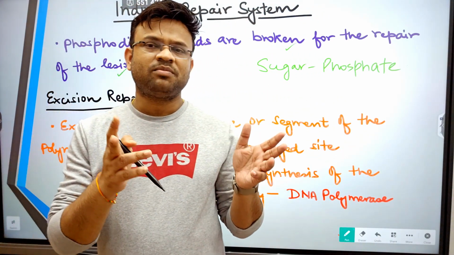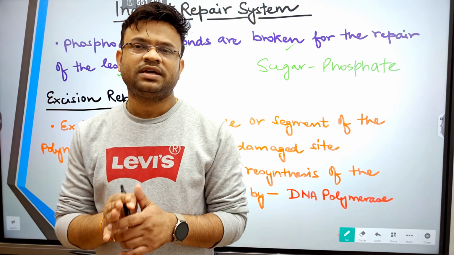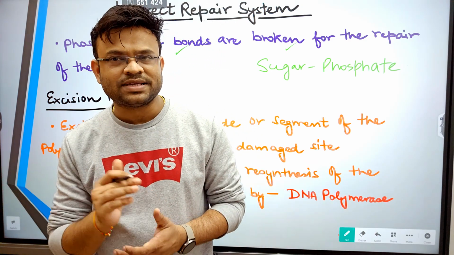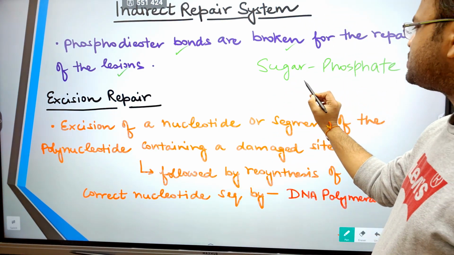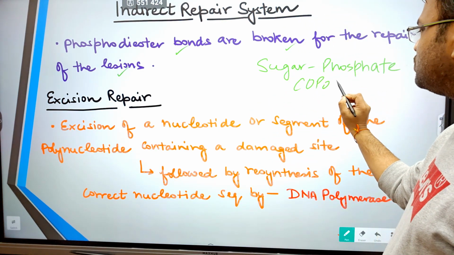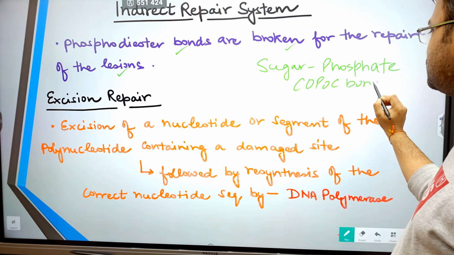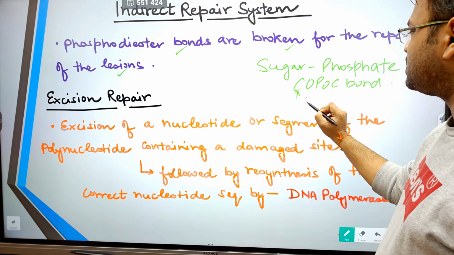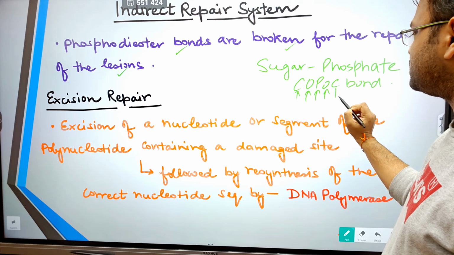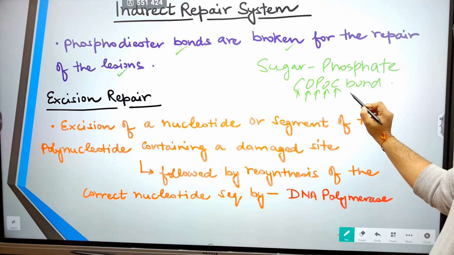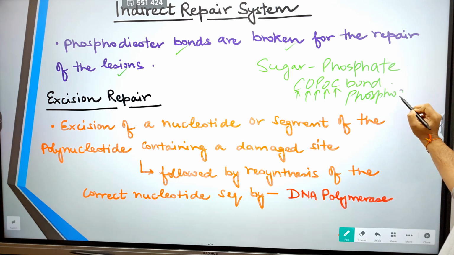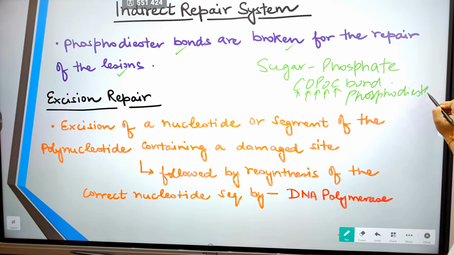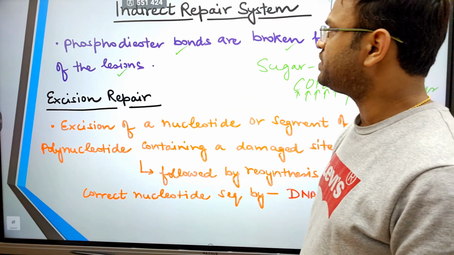The bond that is forming between the nucleotides is called the sugar phosphate bond, and it is also mentioned as the C-O-P-O-C bond. C is carbon, oxygen, phosphate, oxygen, carbon. It is also referred to as phosphodiester bond. So phosphodiester bond is broken in case of indirect repair system.